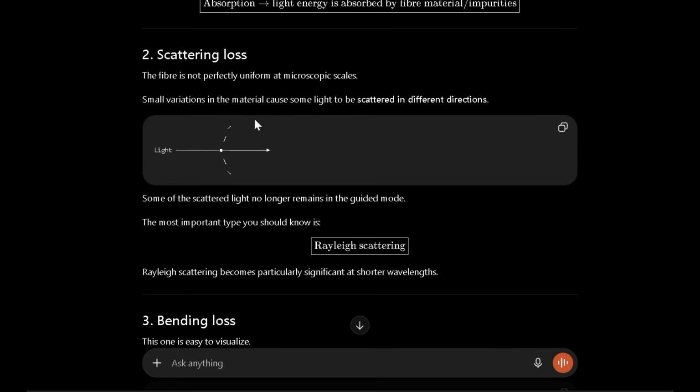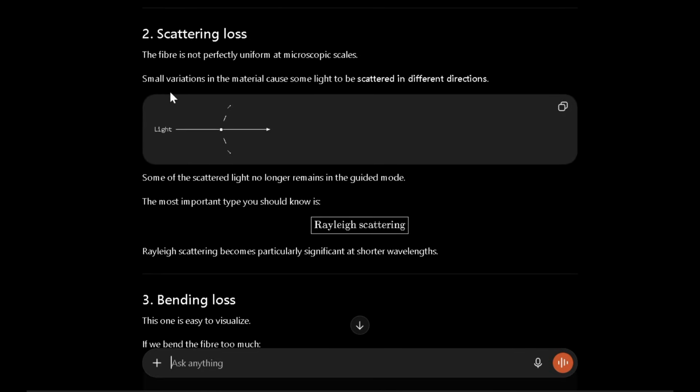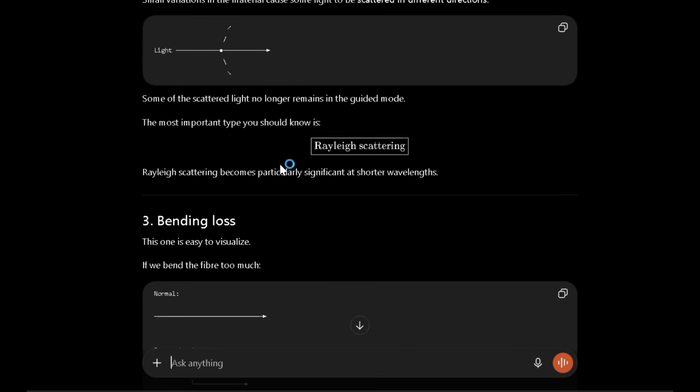The fiber is not uniform at microscopic scale. We can't see it, but there are microscopic problems in the fiber which cause scattering of light. That is called scattering loss, or Rayleigh scattering.